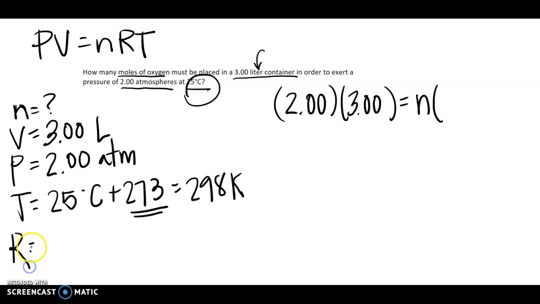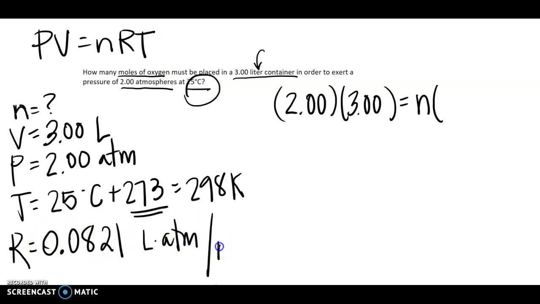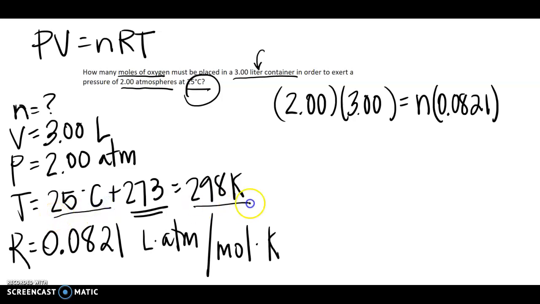If you want to write it down, you can. It's always 0.0821, and check, it's liters times ATM over moles times Kelvin. So we're going to plug that number in, 0.0821. And then lastly, temperature. Don't forget you're not using Celsius, you're using Kelvin, so times 298.